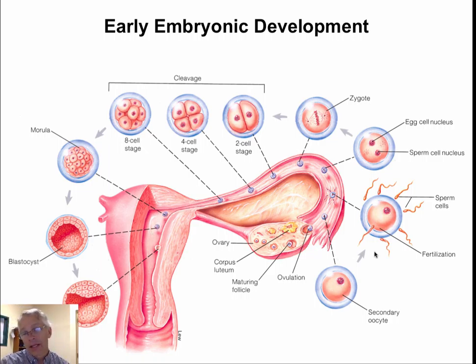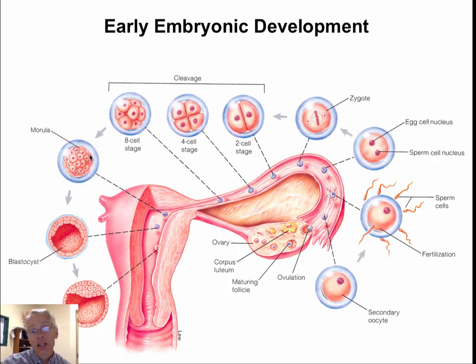And while that's happening, the fertilized egg will divide again and again to create an embryo that has more and more cells, but really hasn't grown very much at all until it reaches this stage in the uterus. And then it does start to grow a little bit.